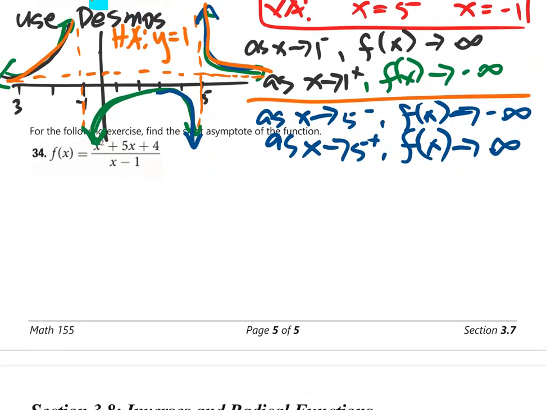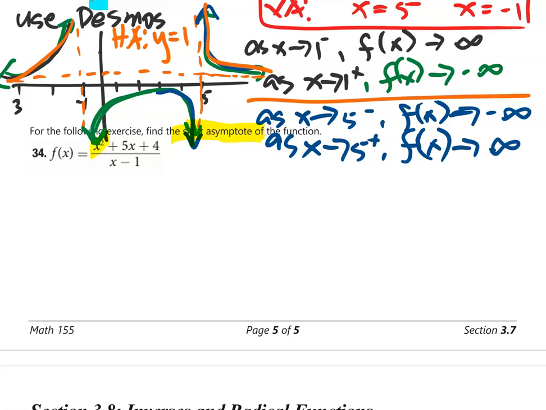Okay, last one. For the following exercise, find the slant asymptote of the function. Slant asymptote, because look at the given function f of x equal to x squared plus 5x plus 4 over x plus 1.